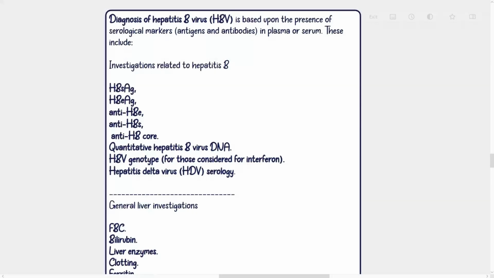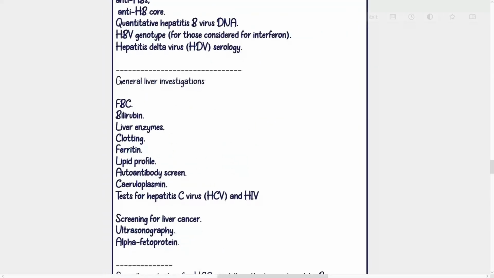These include investigations related to hepatitis B, HBsAg, HBeAg, anti-HBe, anti-HBs, anti-HBc, quantitative hepatitis B virus DNA, HBV genotype, for those considered for interferon, hepatitis delta virus, HDV serology, general liver investigations, FBC, bilirubin, liver enzymes, clotting, ferritin, lipid profile, autoantibody screen, ceruloplasmin, tests for hepatitis C virus, HCV, and HIV.